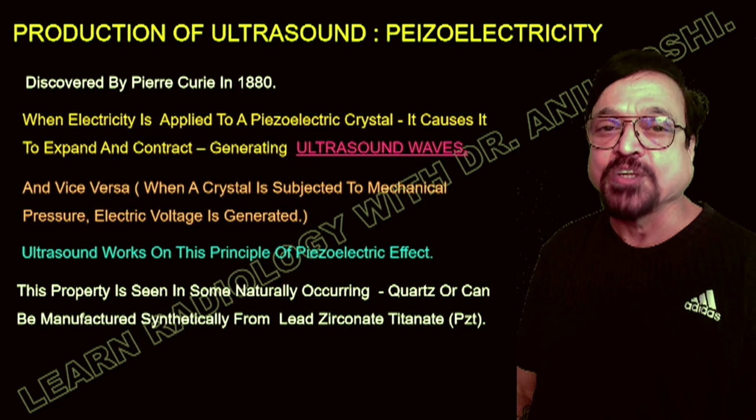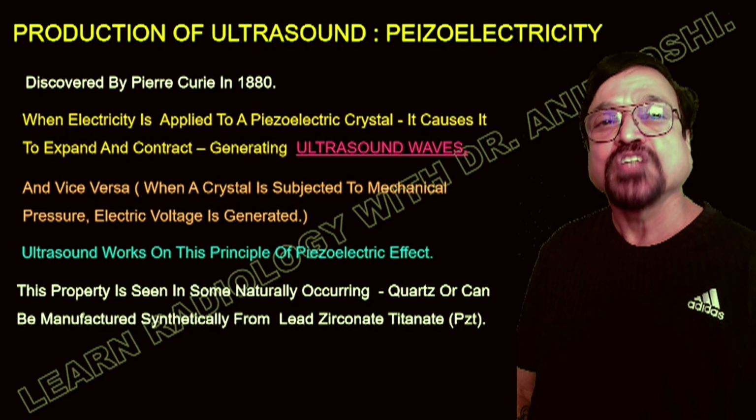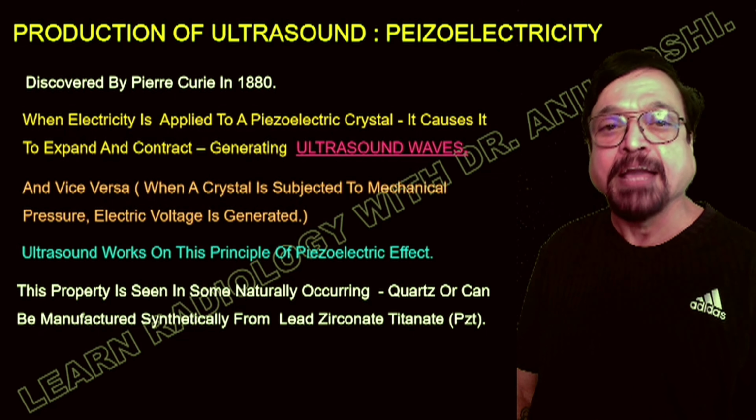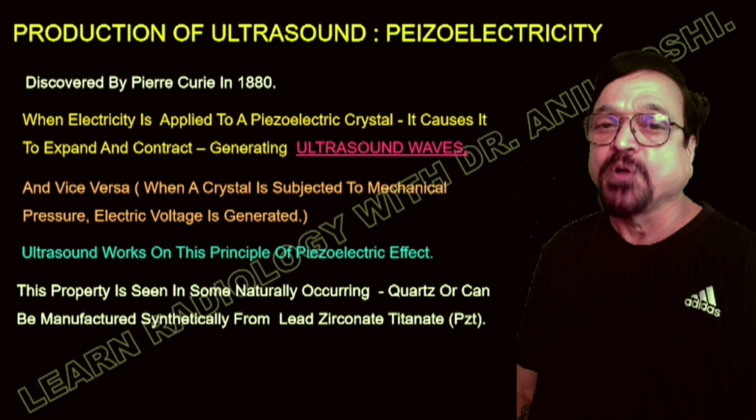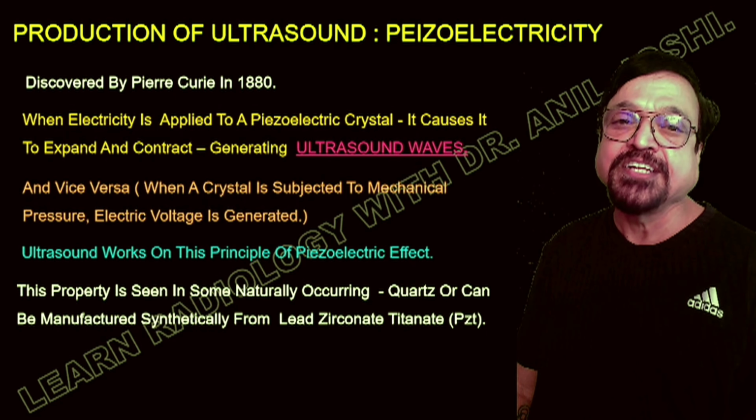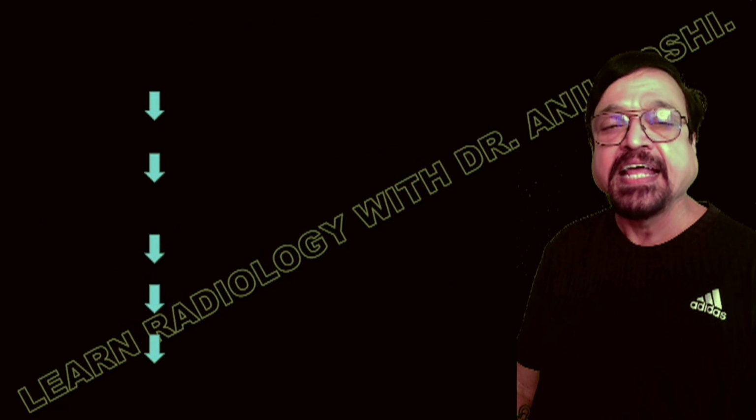Some of the crystals have it, and they also have a limited range of ultrasound frequencies at which they vibrate. So nowadays what we are doing is producing artificial crystals in the laboratory of our required density.